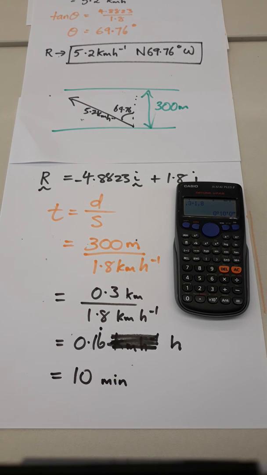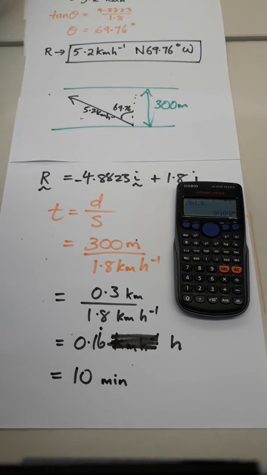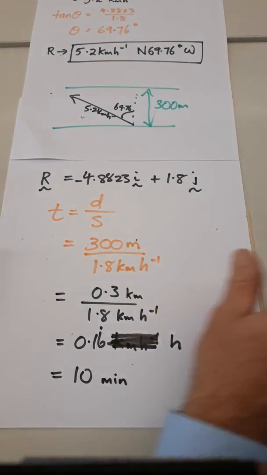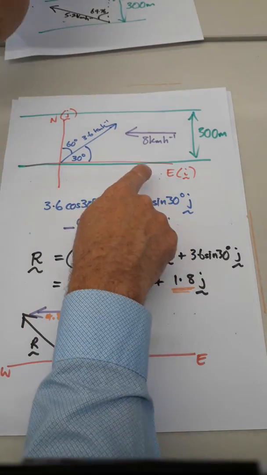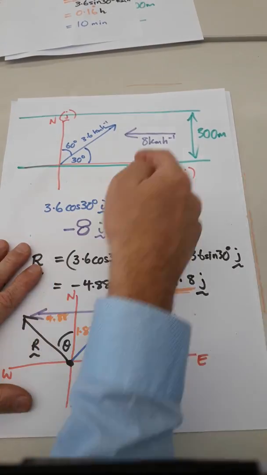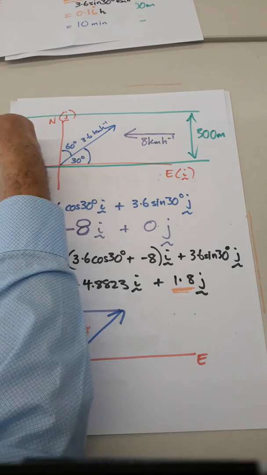Does that surprise you that it's taking the same amount of time to swim, even with the water flowing across? Well, it shouldn't surprise you, because if the water's flowing across, as in this diagram up the top here, it's only pushing sideways.